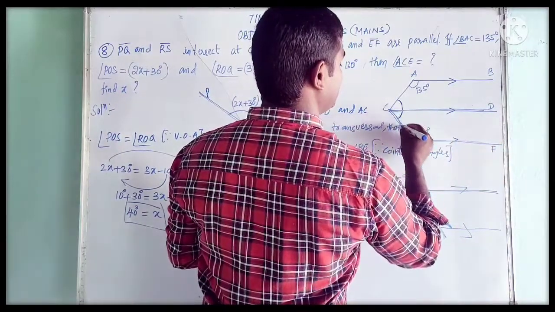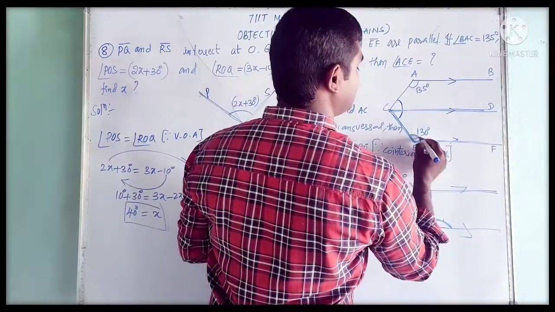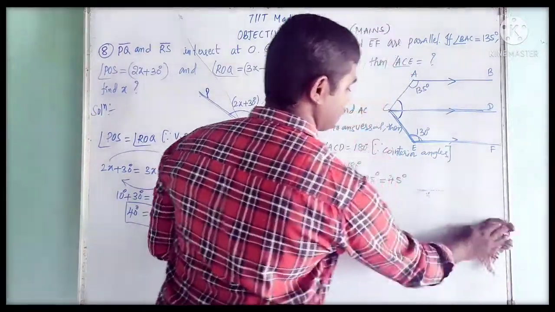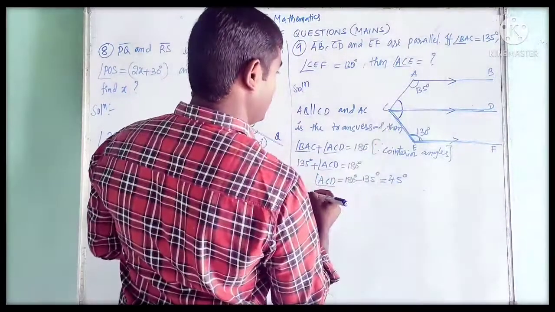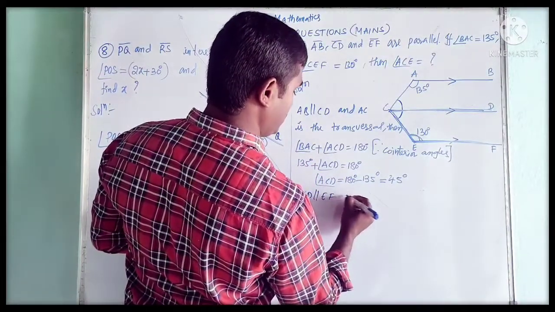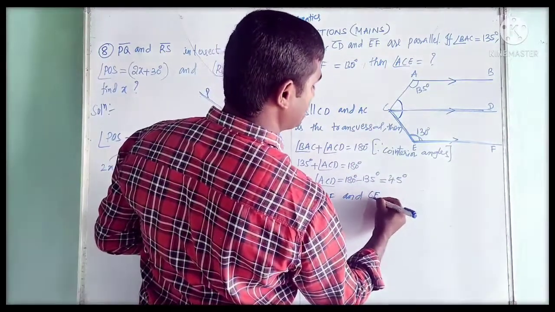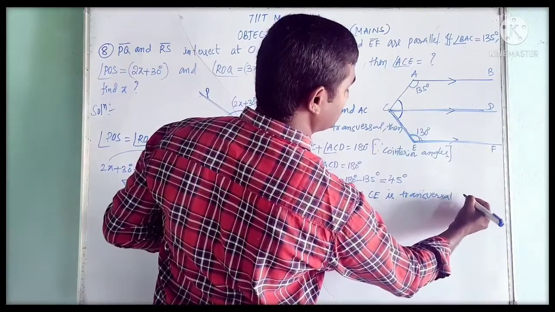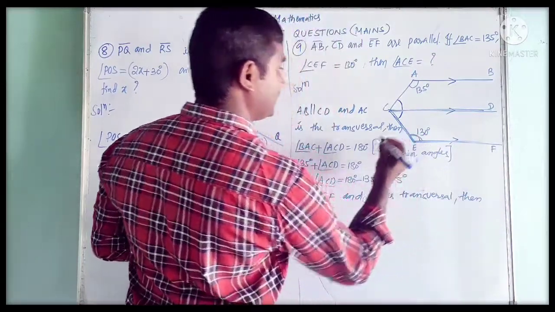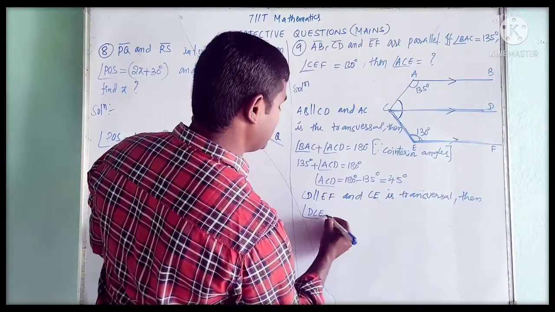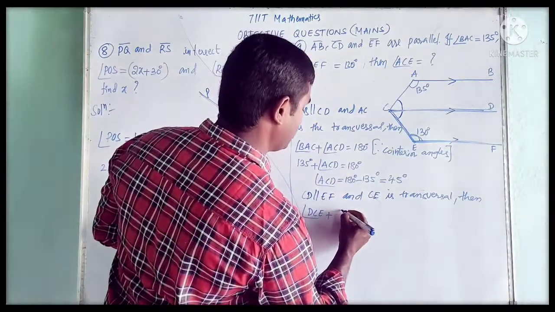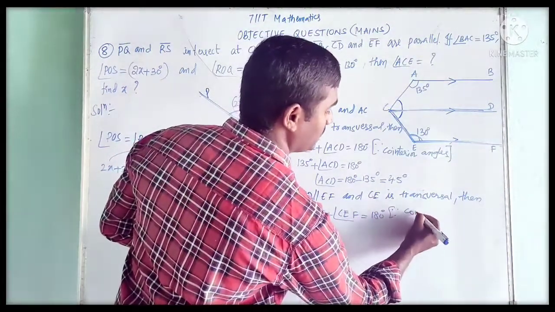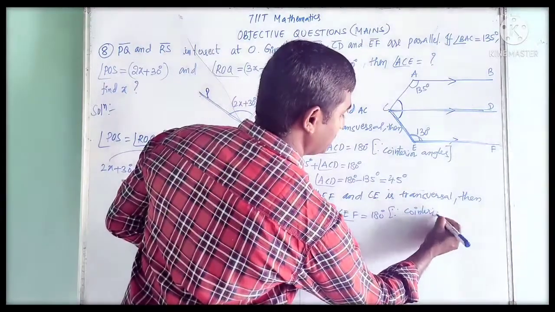Then the sum of these two angles equals 180 degrees, since these two are also co-interior angles. So angle DCE plus angle CEF equals 180 degrees, because these are co-interior angles.